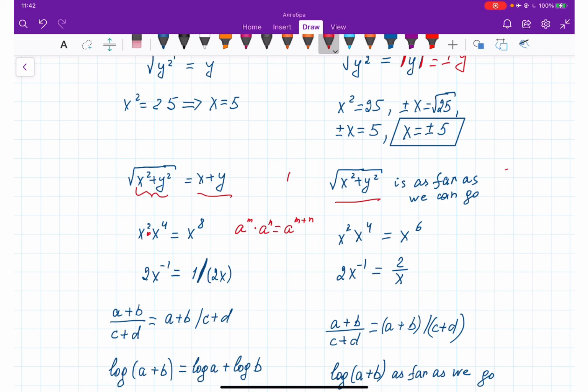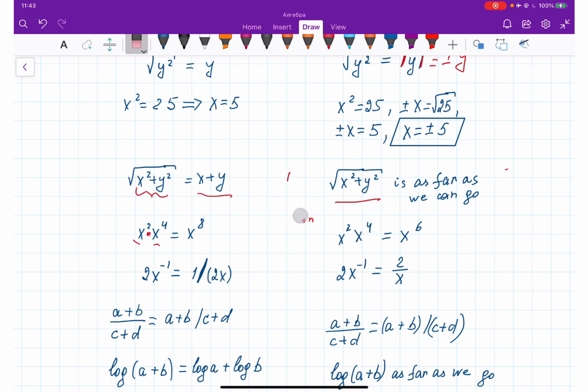So we don't multiply. When do we multiply? If I would have, let's say, x to power 2 raised to power 4, then I have to multiply because I have power to power. But when you have two bases and you multiply these two bases, then you add these exponents. Okay?